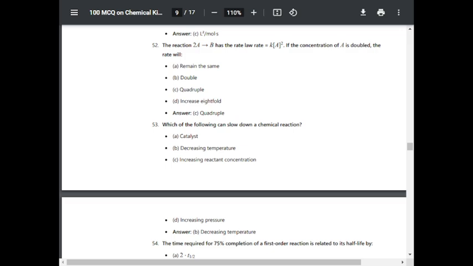The correct answer is quadruple. If the concentration of A is doubled, the rate will be quadruple. The option C is correct.